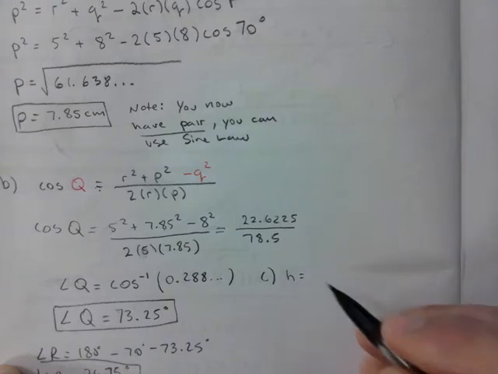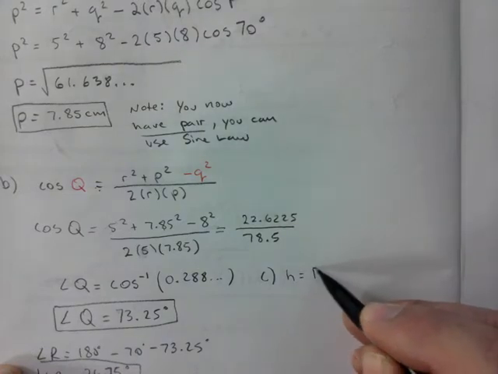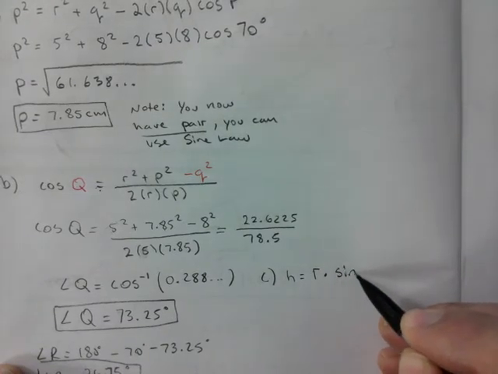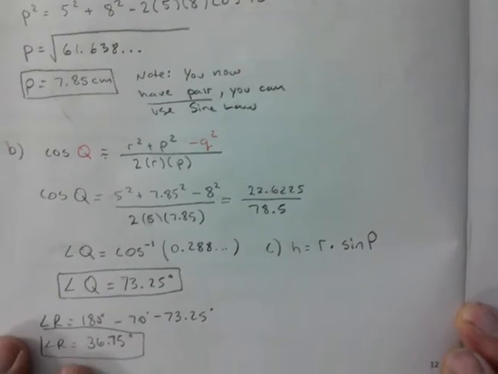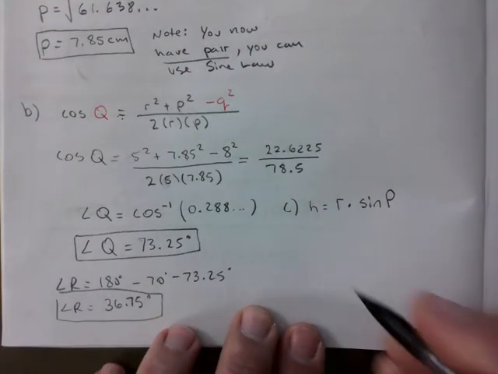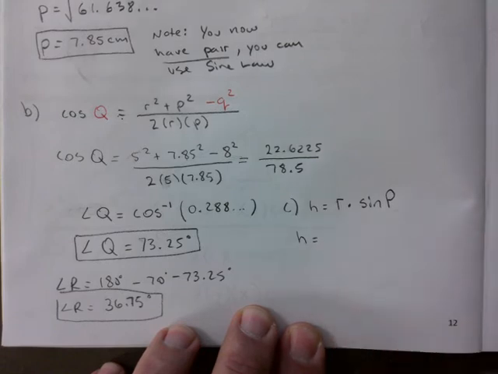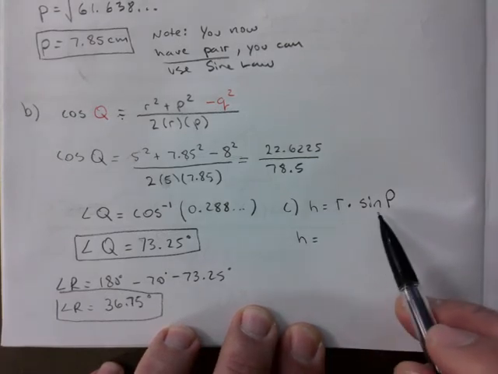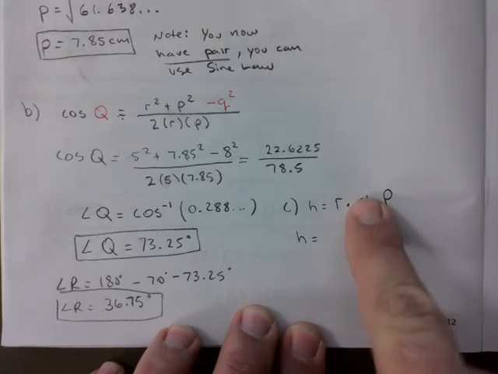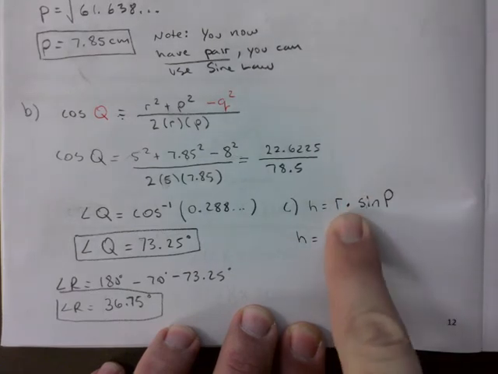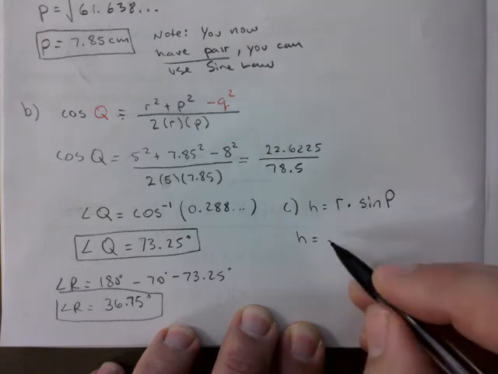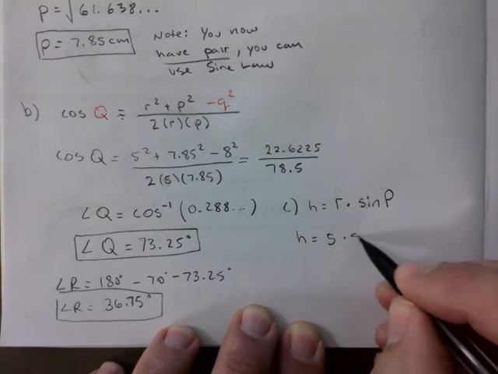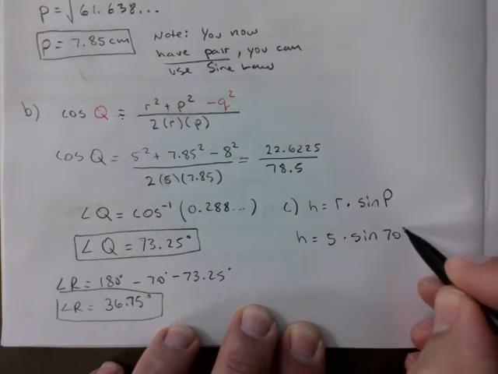Height is, I'm going to go R times sine of angle P. And if you left earlier yesterday, I bet you're not here right now, but I made a mistake on that formula in the booklet, right? It's sine, it's not just R times angle P, it's R times sine of angle P. So we have 5 times sine of 70.